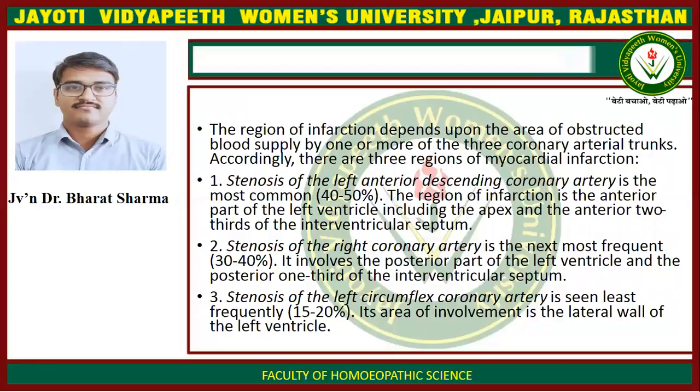Second, stenosis of the right coronary artery is the next most frequent. It involves the posterior part of the left ventricle and the posterior one-third of the interventricular septum. Third, stenosis of the left circumflex coronary artery is seen least frequently, about 15 to 20%, and its area of involvement is the lateral wall of the left ventricle.